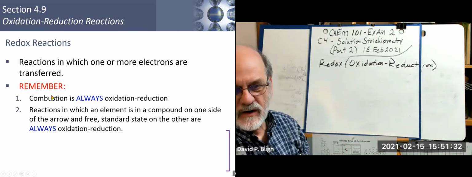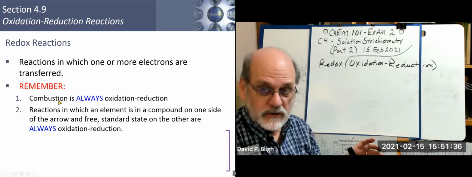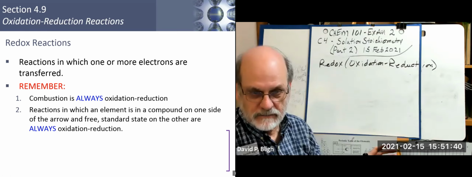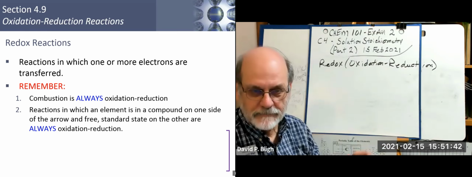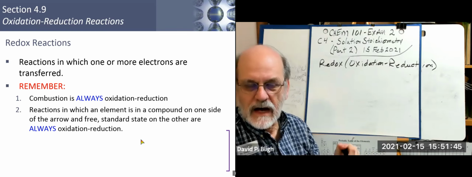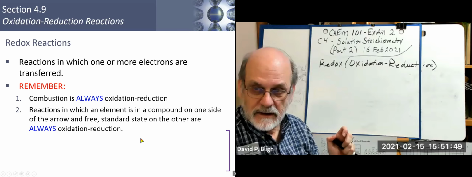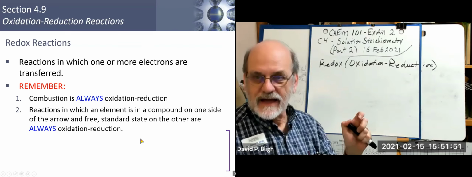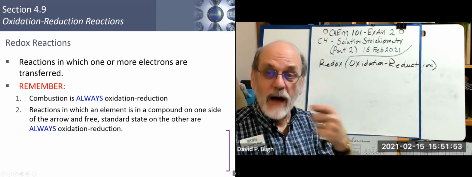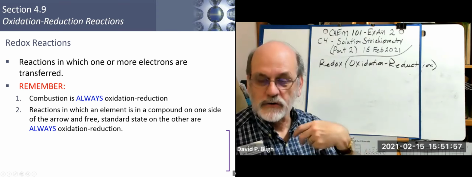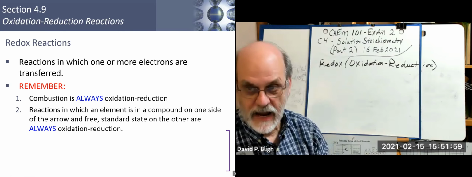What I'm saying here is just a reminder, if you have a combustion reaction, it's always oxidation reduction. And I'll show you why in just a minute. Also, reactions which have an element on one side and that same element is in a compound on the other side of the arrow, those are also oxidation reduction reactions.